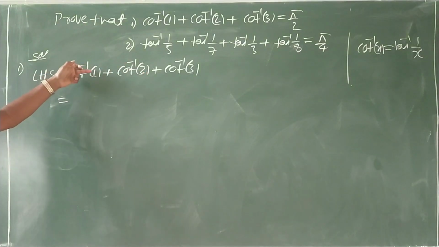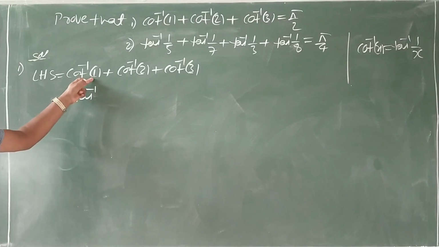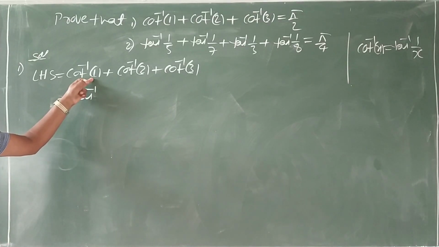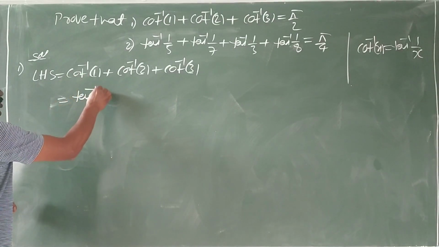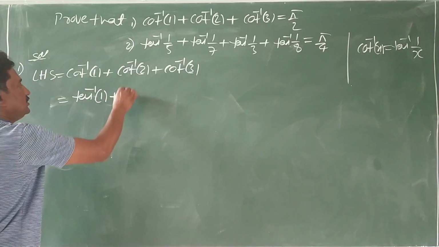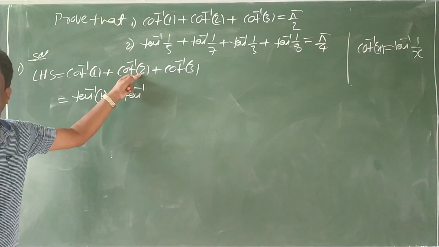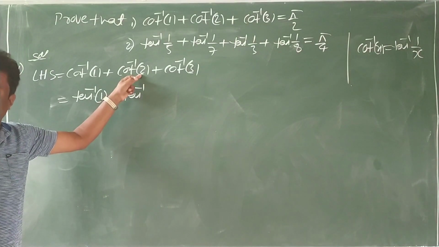What is cot inverse 1? Tan inverse. What is the reciprocal of 1? 1 by 1, which means 1 only. Plus, change cot inverse 2 into tan inverse. What is the reciprocal of 2? 1 by 2.